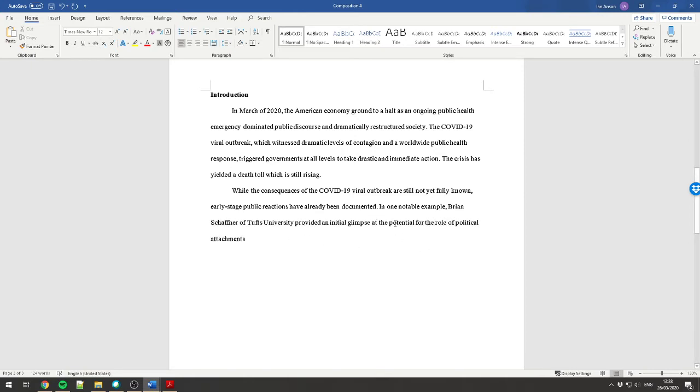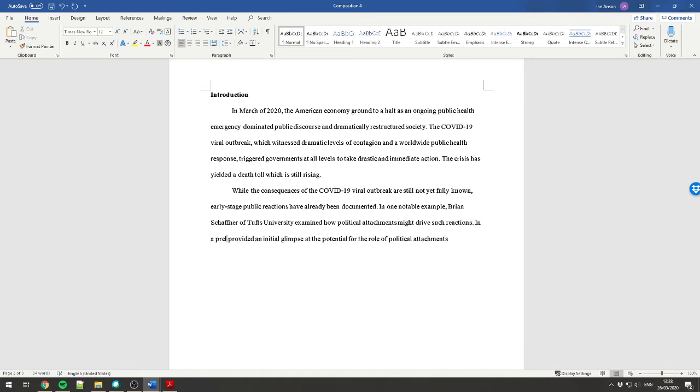This is becoming a kind of messy sentence. Brian Schaffner of Tufts University examined how political attachments might drive such reactions.